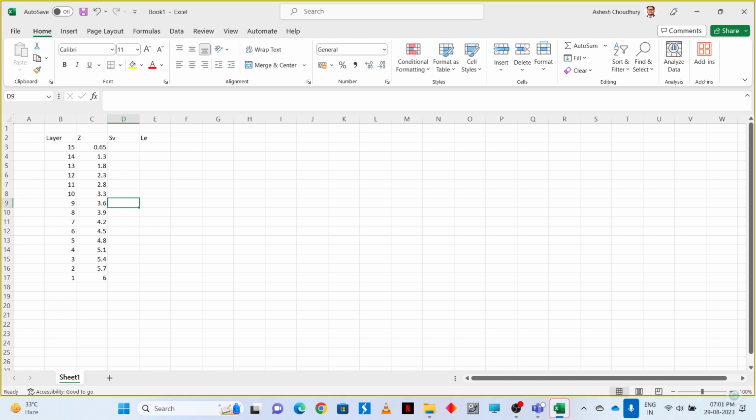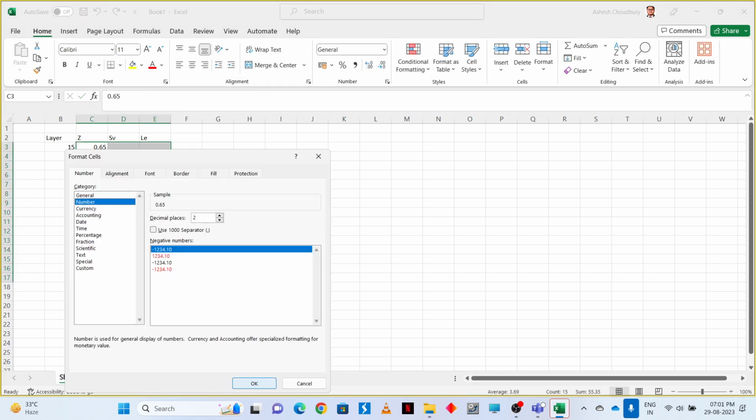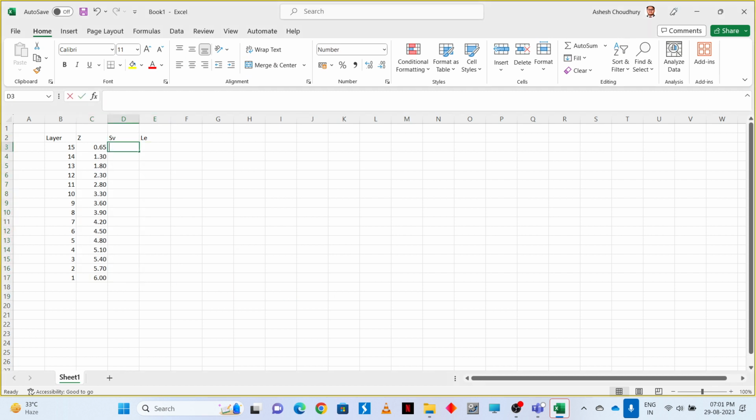And then we have the spacing. Spacing is 0.65, 0.50, and we have 0.30.